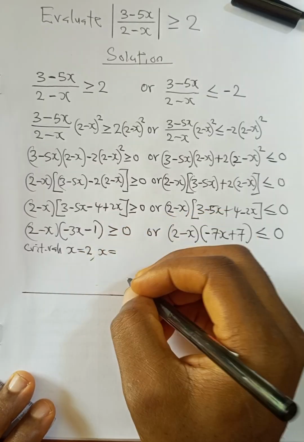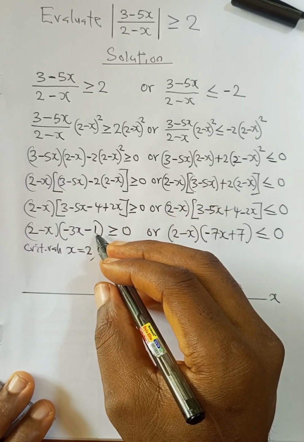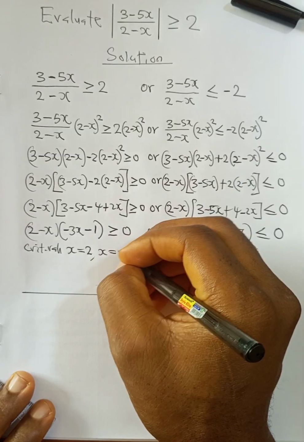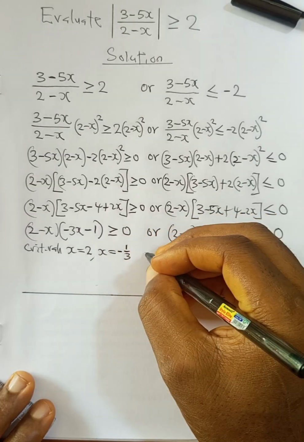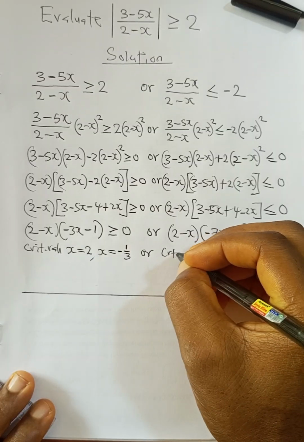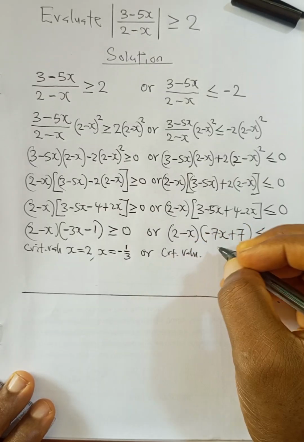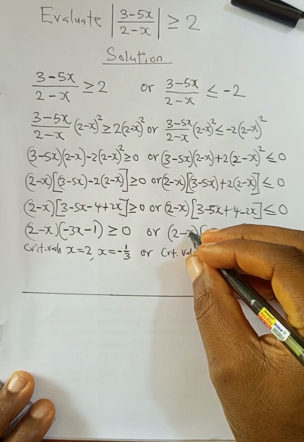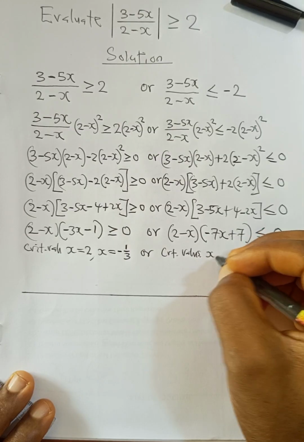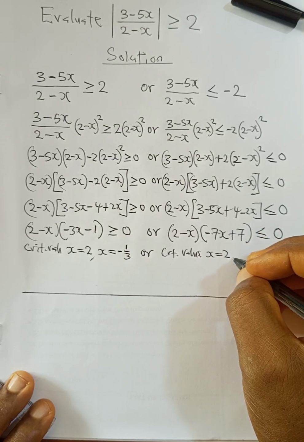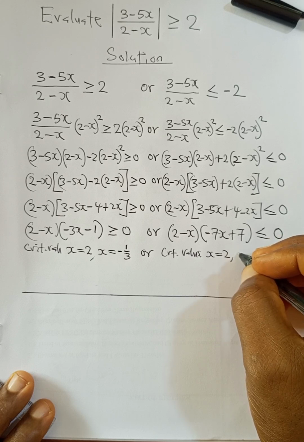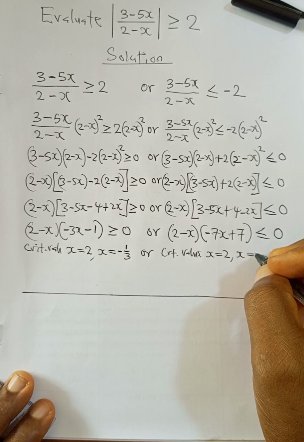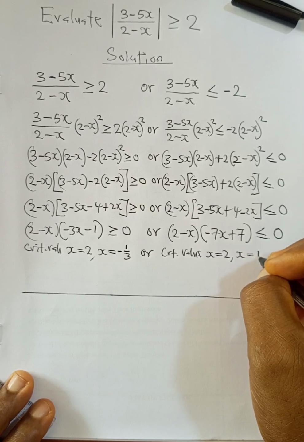And x will be equal to what? If we solve this equals to 0, x will be equal to minus 1 over 3. That is the critical value here. For the critical values here, if you solve this equals to 0, x will be equal to 2. And if you solve this equals to 0, x will be equal to 1.